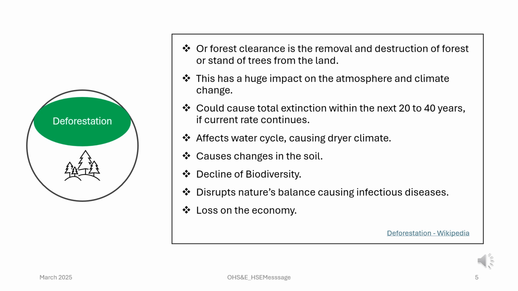Support sustainable products. Choose products that are certified as sustainable, such as those with the Forest Stewardship Council label on your food and packaging, to ensure that the wood, paper, and other forest products you buy came from responsibly managed forests.